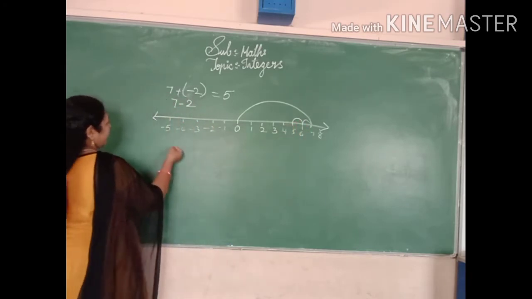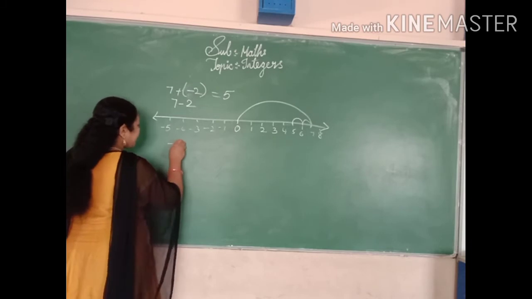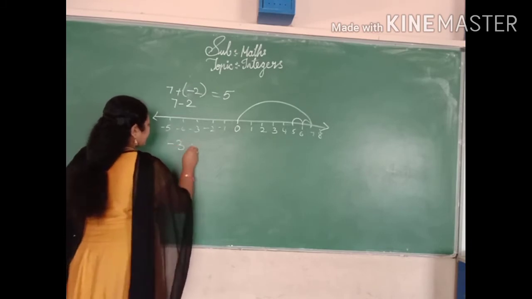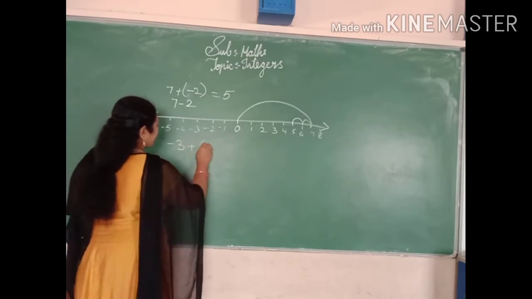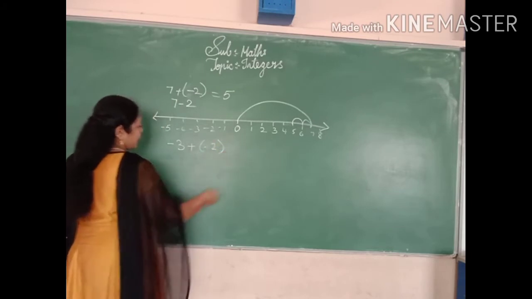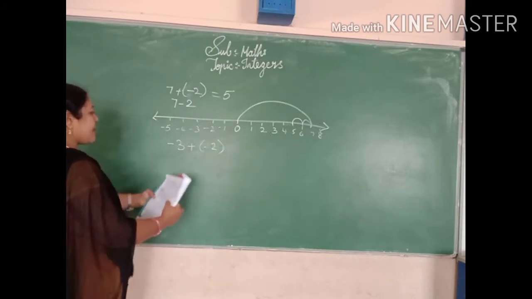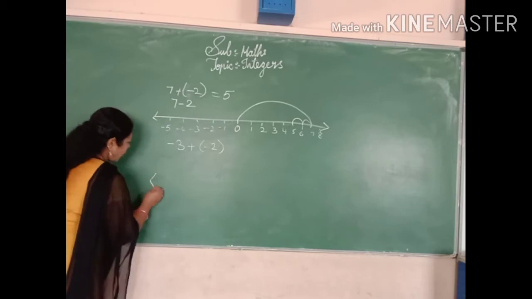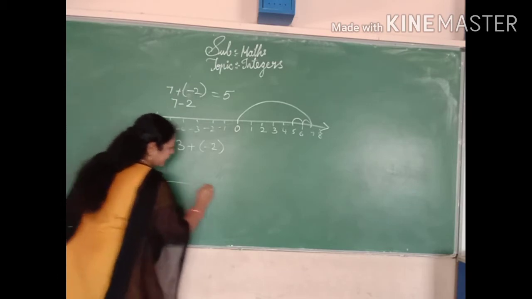And next, if you have minus 3 plus minus 2. Here, what would be your number line?